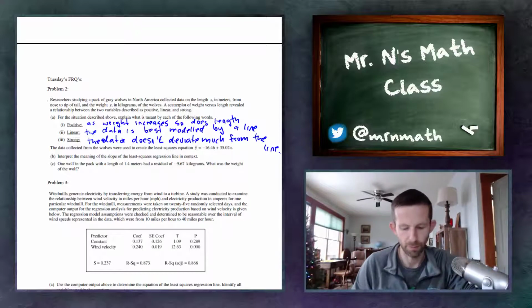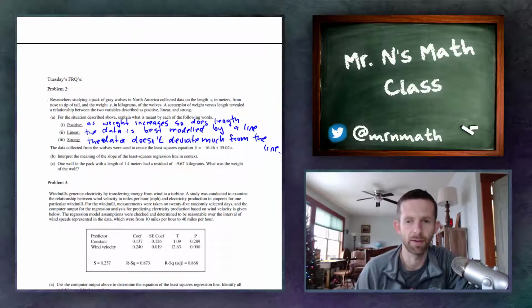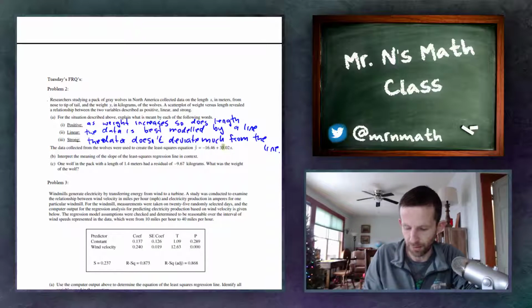The data collected from the wolves were used to create a least squares regression line. Y hat is negative 16.46 plus 35.02x. Interpret the meaning of the slope of the least squares regression line in context. So the slope is the thing that's next to the x.